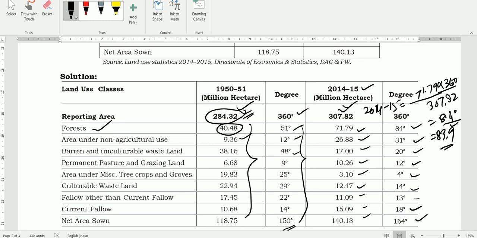Okay, 71.79 divided by 307.82, you will get 23%. So in this way, you may find out the percentage for writing on the sectors.